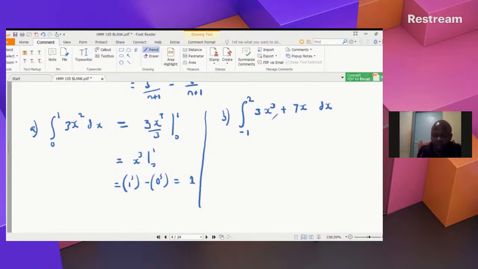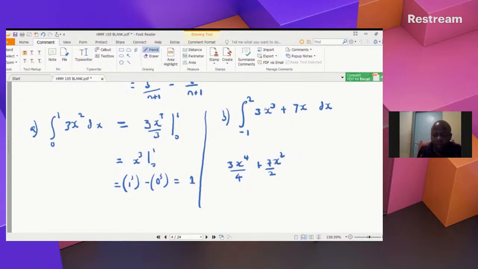So let's first of all do the integration. The integration there will be 3x raised to 4 out of 4 plus 7x squared out of 2.